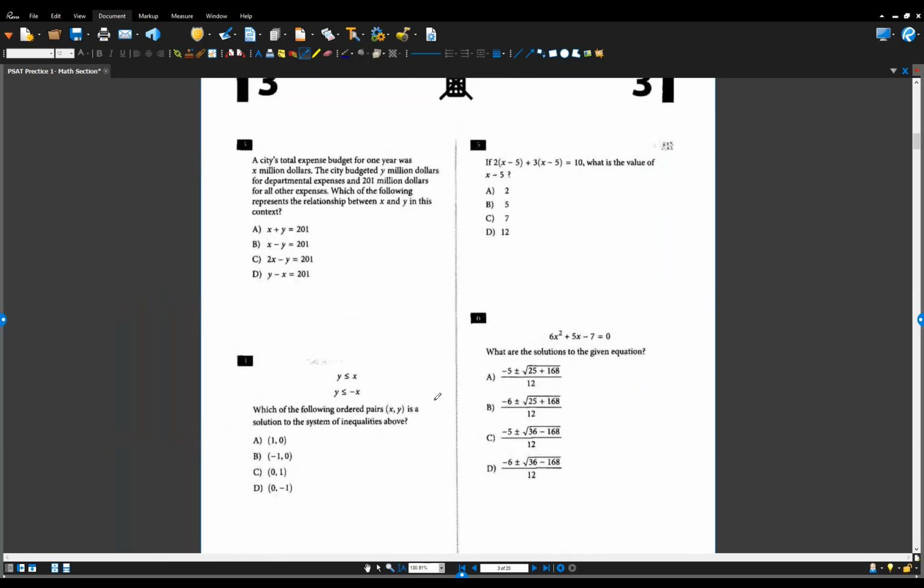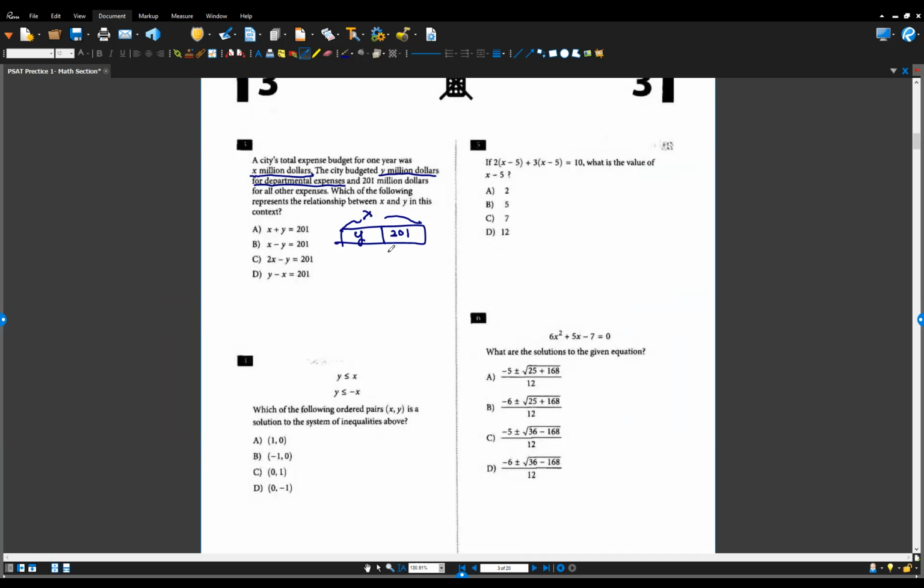Now try number 3. The city's total expense budget for 1 year was x million dollars. That is the total expense. The city budgeted y million dollars for a department, which is part of the budget, and 201 million dollars for other expenses. So we have 2 different budgets. The total is x million, y million is for the department expenses, and 201 million is for other expenses.